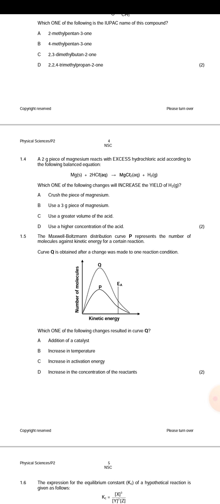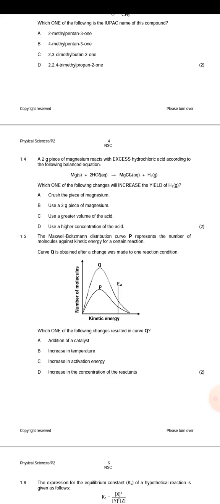Because remember, crushing the pieces of magnesium can only increase the rate of this reaction. That won't increase the yield. So the rate of reaction will definitely increase but that won't. Remember the surface area, effective collisions, all that will apply there. But in this case, they want the yield of H2 that is produced.